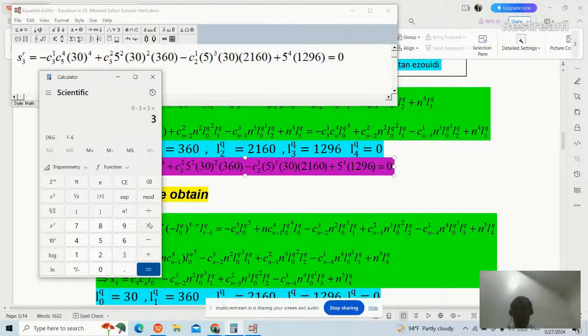Then plus combination 3 choose 2 is 3, plus 3 times 5 squared is 25. Multiply by 25, multiply by 30 squared, multiply by 360.